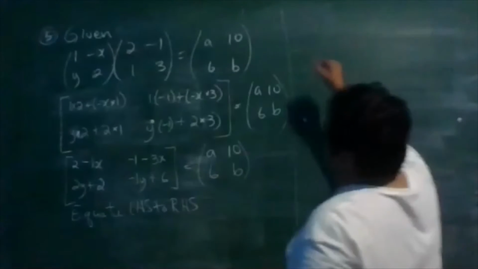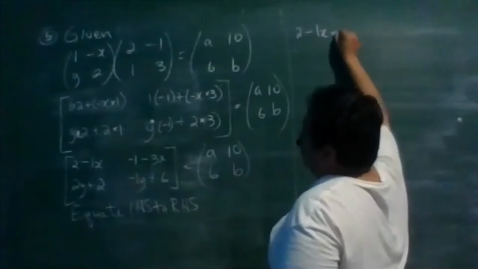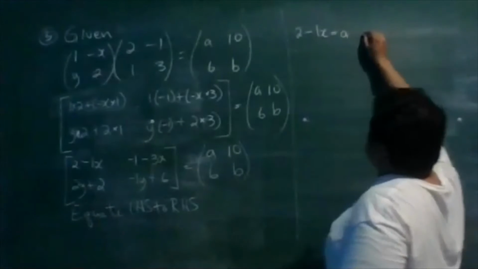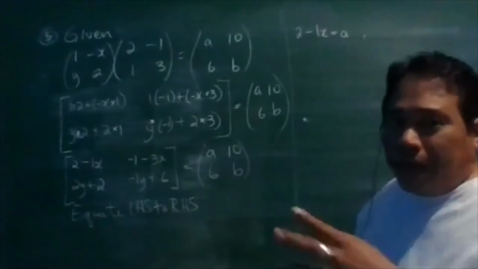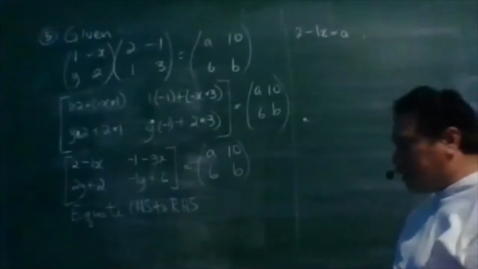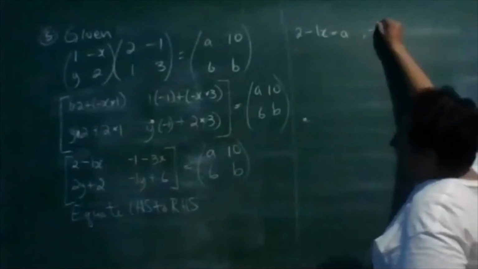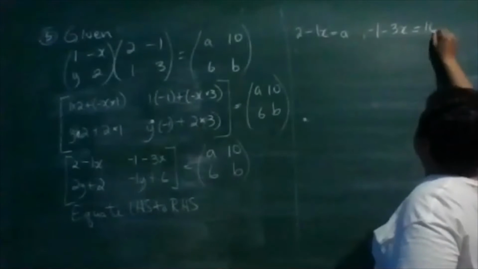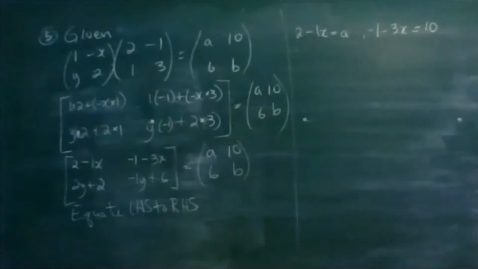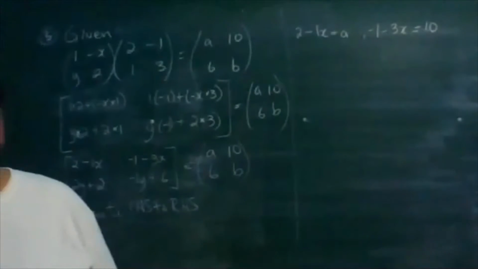The first equation says 2 minus 1x equals a. Obviously, it has 2 letters, so I cannot work that one out yet. So I move on to the second element, which is negative 1 minus 3x equals 10. Now that one I can work because it only has 1 letter.